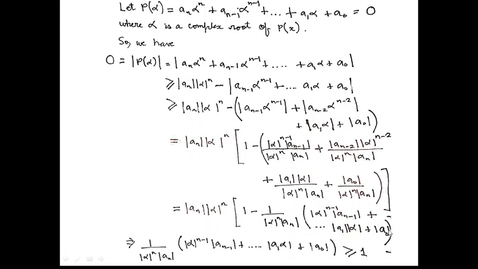Obviously we'll get this result. If you have any confusion, please write in the comment box. We'll get this result because when 1 minus the term by a_n alpha^n goes to the LHS it becomes positive, and 1 remains on the RHS and remains positive, and thus from this inequality we get this inequality.